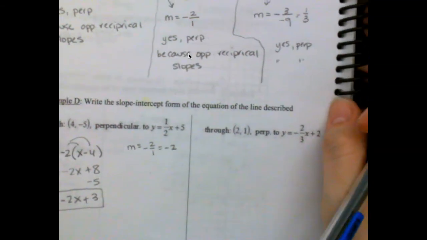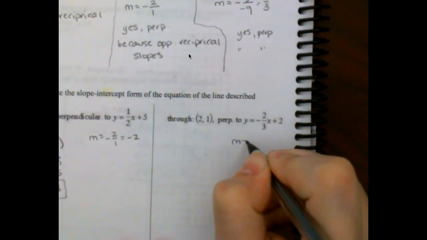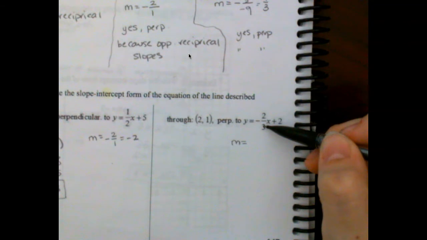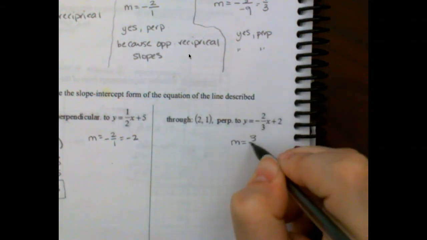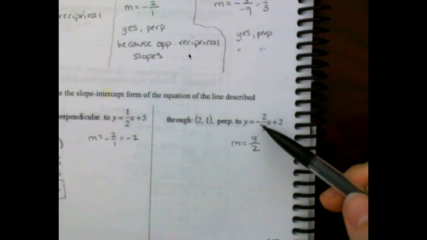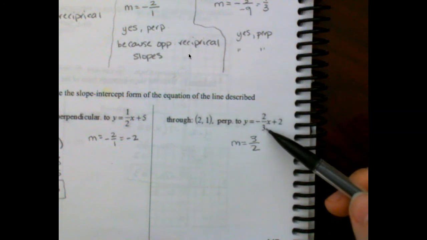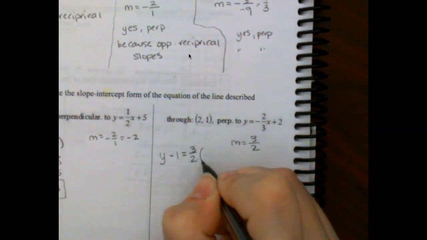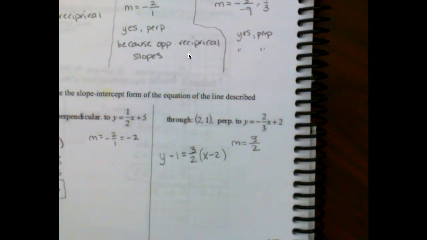For the second problem, same thing, find your slope. In this case, it's -2/3, so my opposite reciprocal will be just 3/2. I change the sign so it becomes positive and I flip the fraction. Now I put that into point slope form. Y minus 1 equals 3/2 times x minus 2.